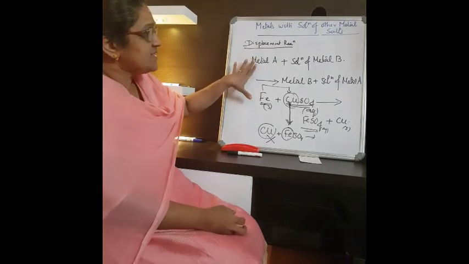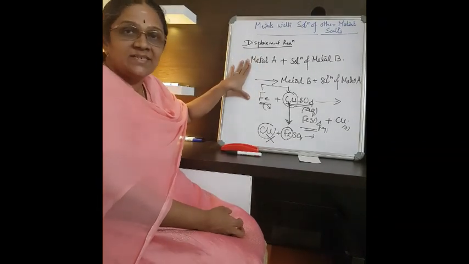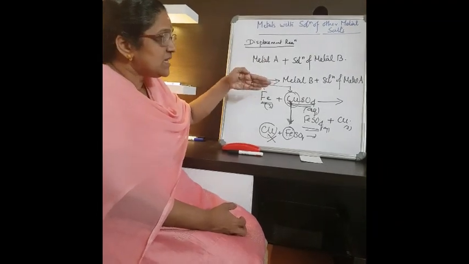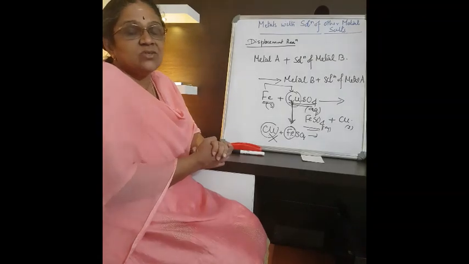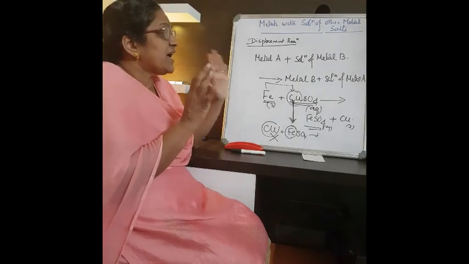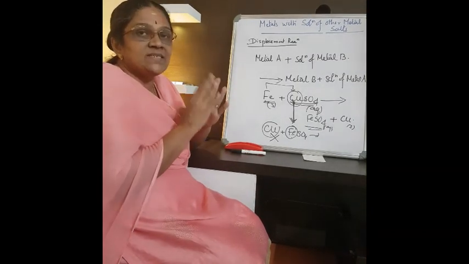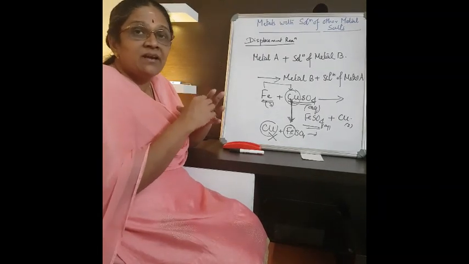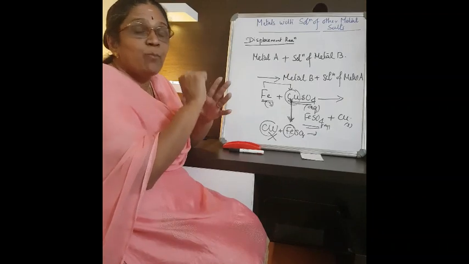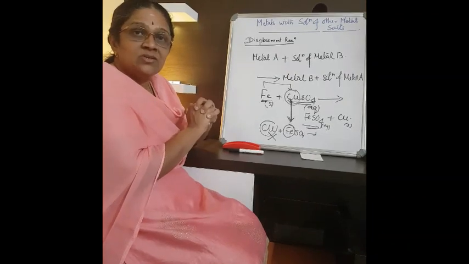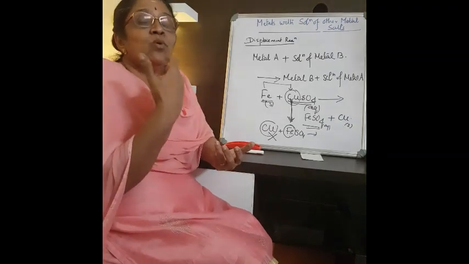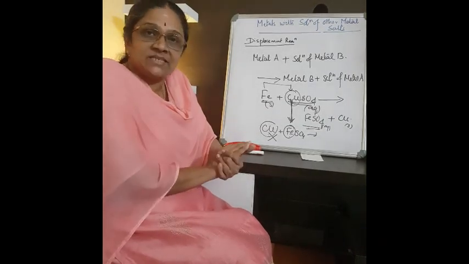This reaction clearly indicates which metal is more reactive and which is less reactive. If you say iron and copper, which is more reactive, you say iron. Why? It can displace copper from its solution. Exactly. That is how we come to the conclusion which metal is more reactive than which metal.